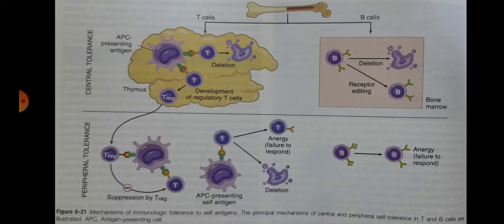Regulatory T cells develop mainly in the thymus as a result of recognition of self-antigens, as you can see in figure 6.21. But they may also be induced in peripheral lymphoid tissues.